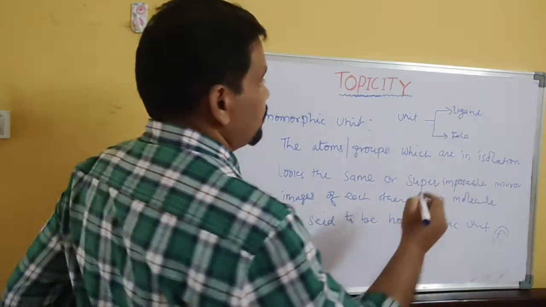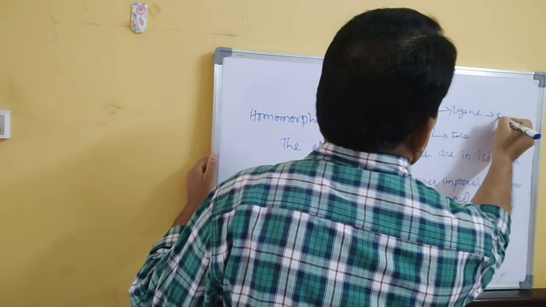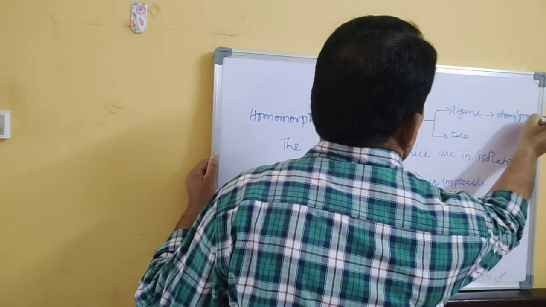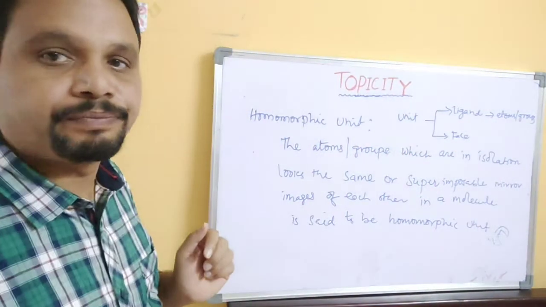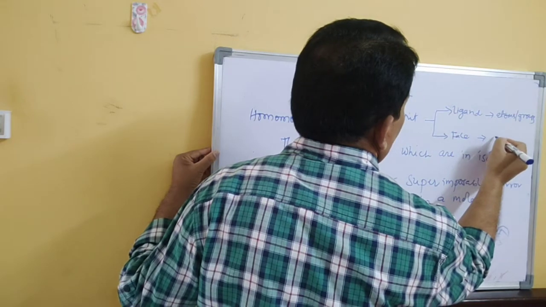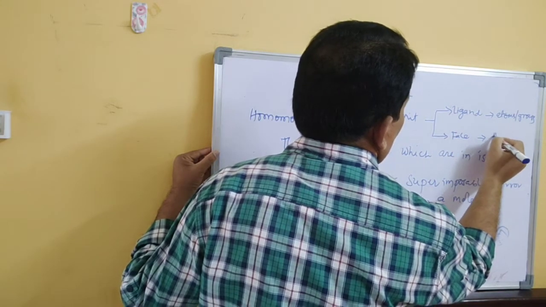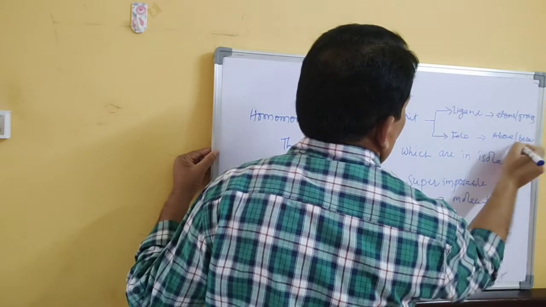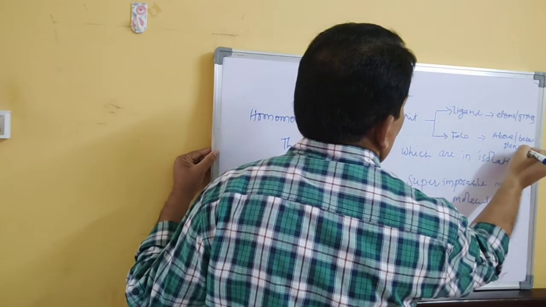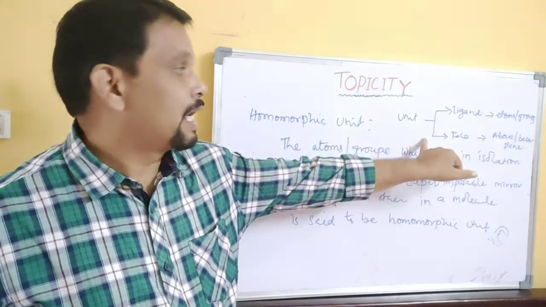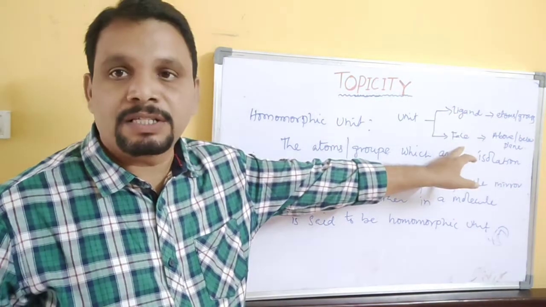Ligand means atoms or groups. Phase means the plane above or below the plane. So a unit can be considered as a ligand or a phase.